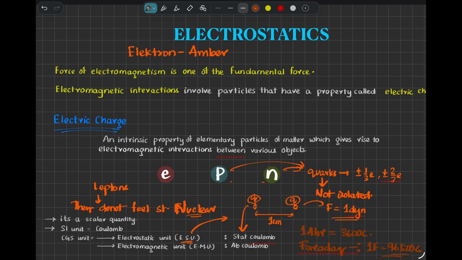So if we talk about the units as a whole, then the smallest unit of charge that we know is stat coulomb, and the largest unit of charge that we use so far is Faraday.